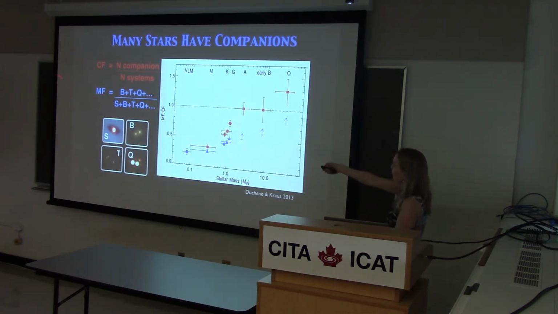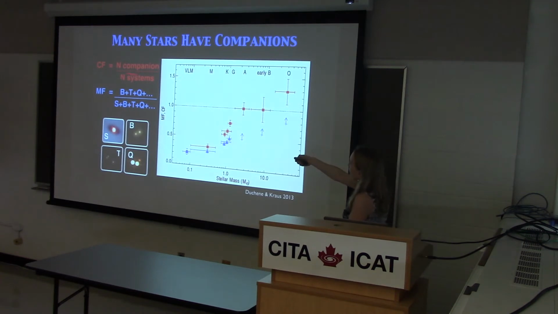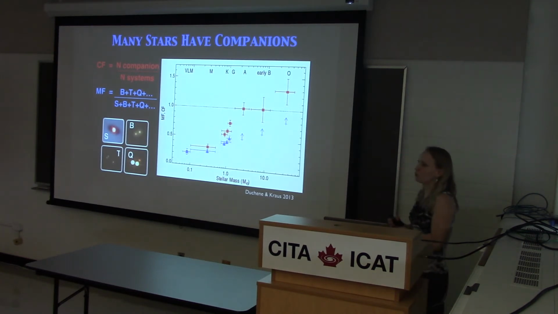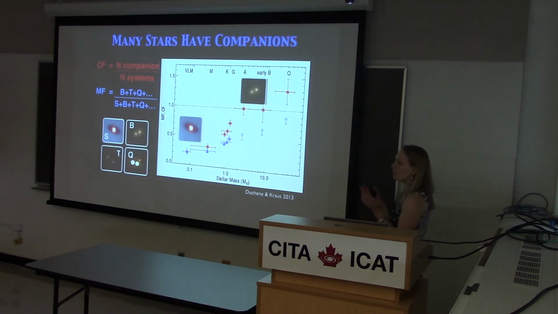The multiplicity fraction counts the number of binaries, triples, and quadruples over the total number of systems, and the companion fraction is the number of companions over the number of systems. So they're both measuring multiplicity. What this plot tells us is that at low masses, stars are mostly single, but at high masses, they're mostly in multiple or binary star systems.